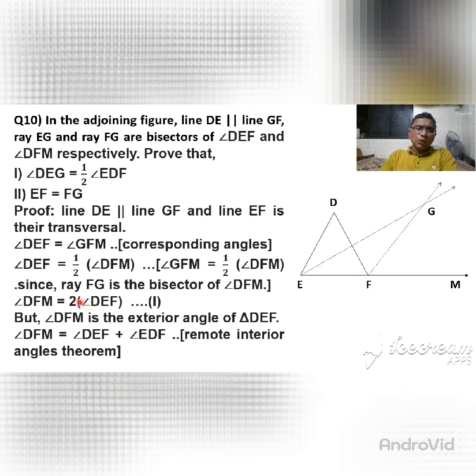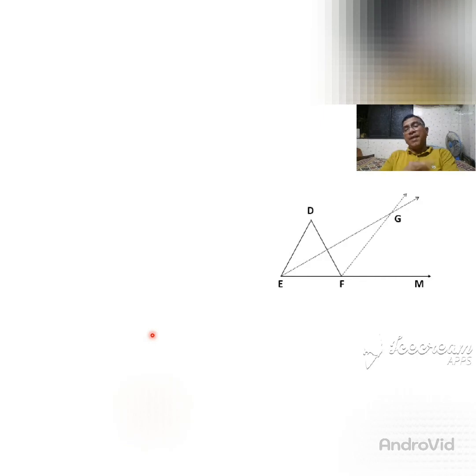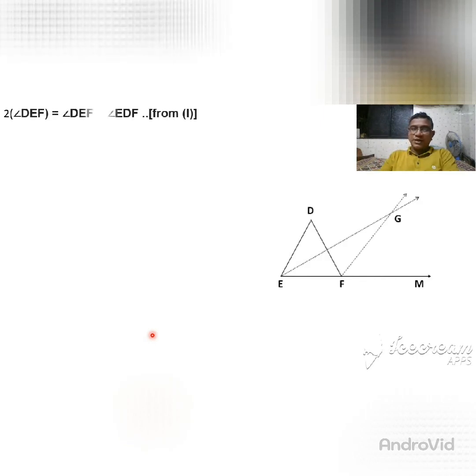From equation 1, 2DF. So we write here 2DF is equal to DEF plus EDF. So I am going back so you understand very well. Instead of DFM I write 2DF because they are congruent. So 2DF is equal to DEF plus EDF.